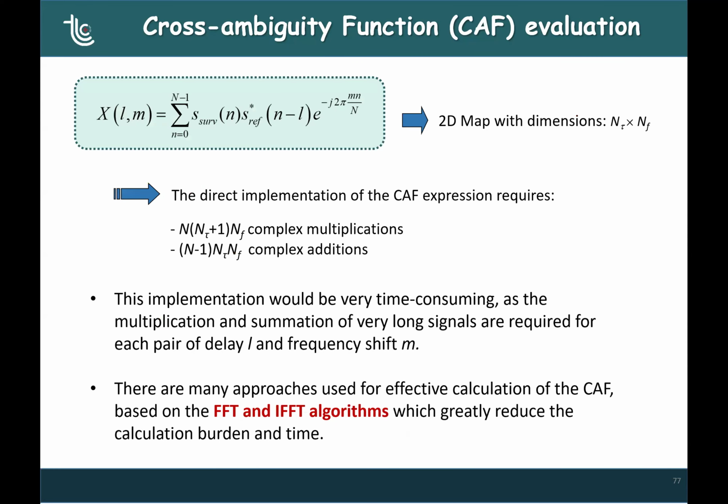As you can see here, there is the exponential term e to the minus j 2 pi m n divided by capital N. And this is the base of the discrete Fourier transform. So we can reinterpret this sum as a kind of Fourier transform of the signal that is S_surv times S_ref, and then we can perform this Fourier transform through the FFT algorithm.